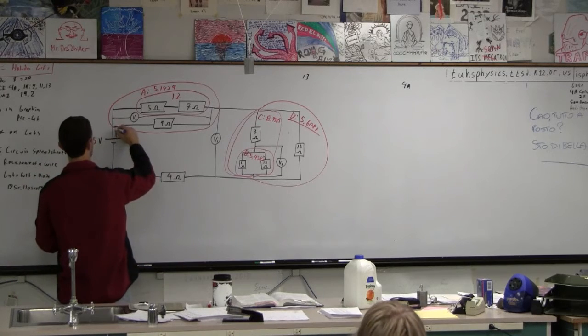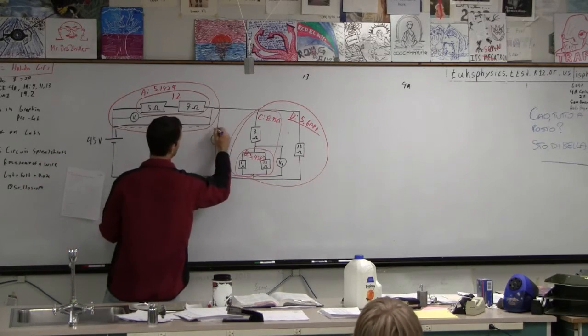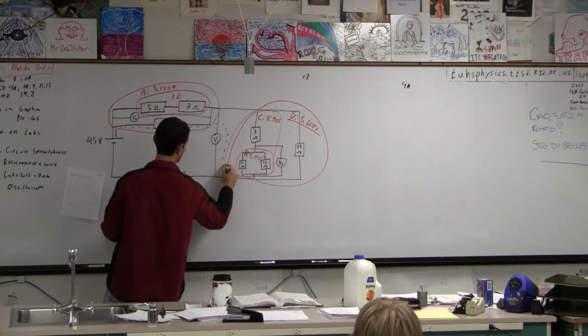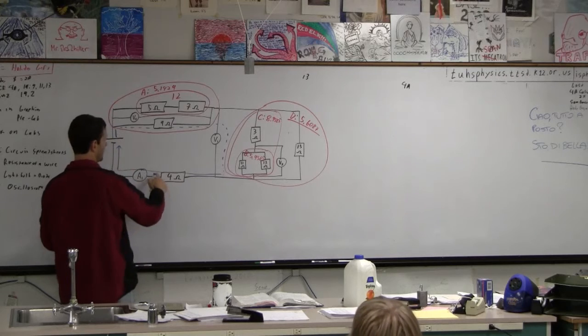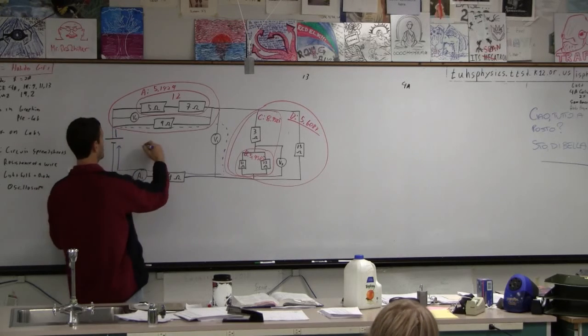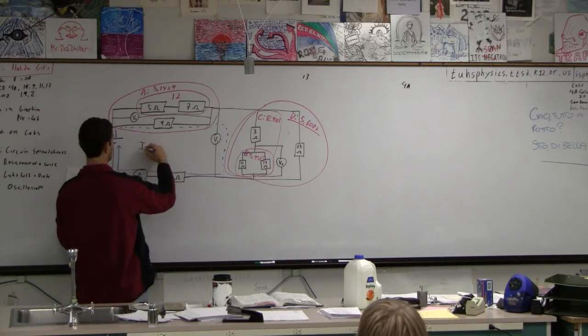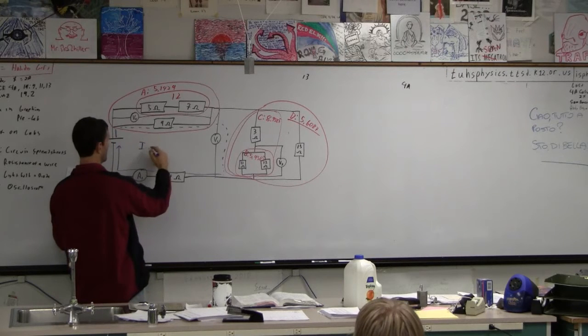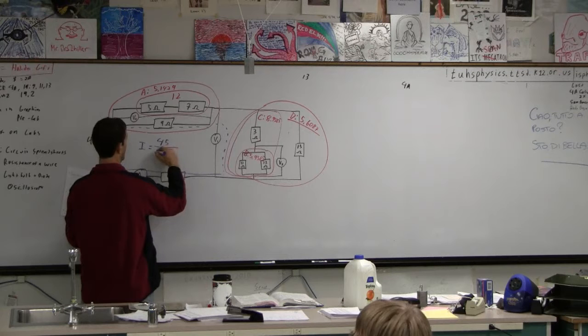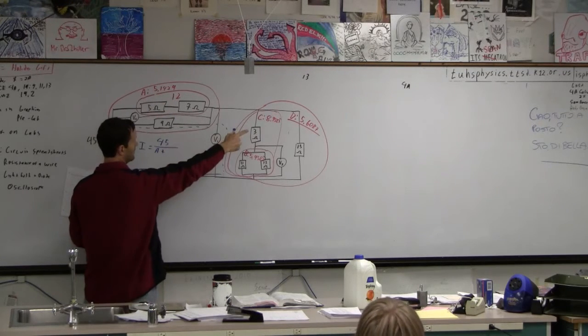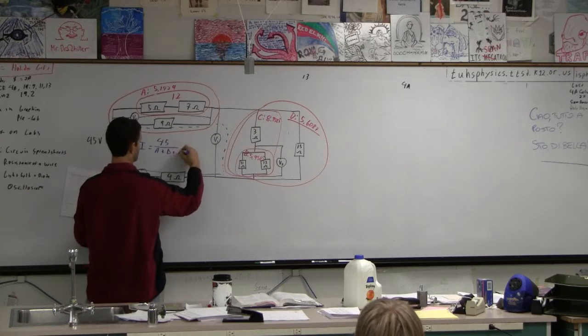So it's a series circuit. So that's the one current there. The one current is, and this is what A1 is going to read, right? Is 45 divided by A, this guy here, right? Plus D plus 4, right?